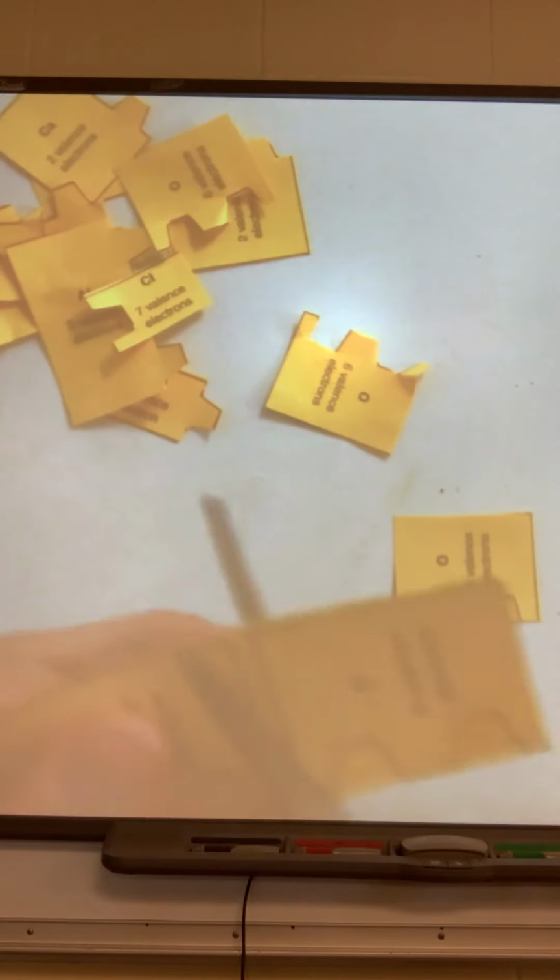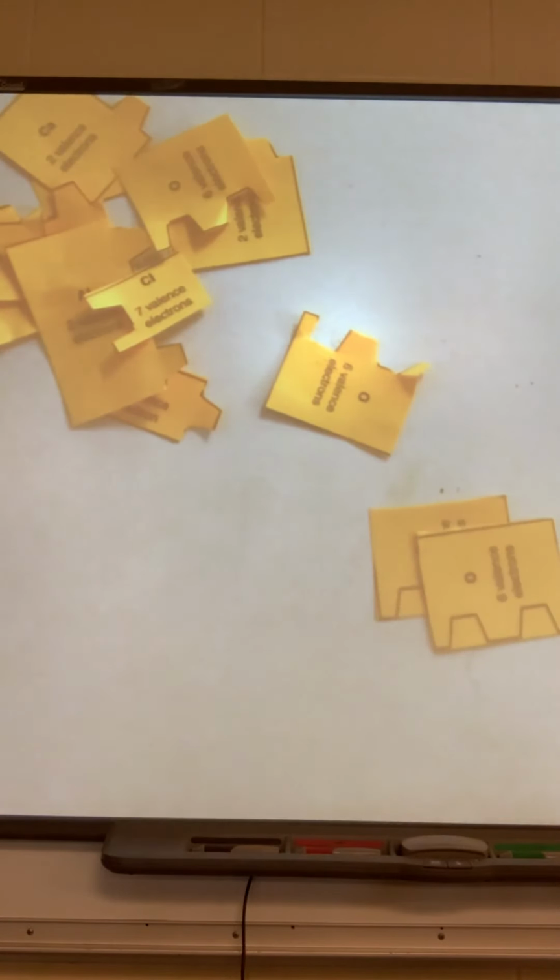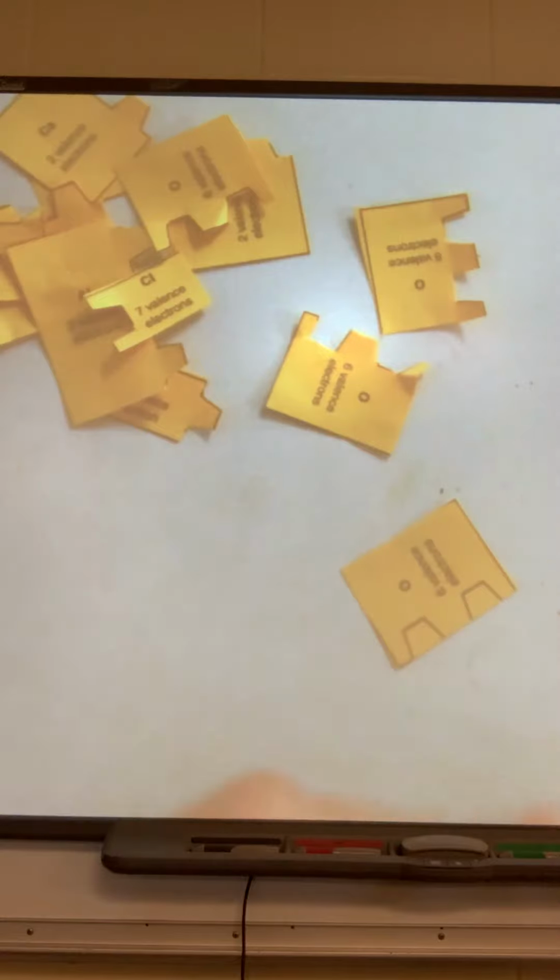From now on, you have to watch the videos, you have to do the work with it, and you have to do your spiral review, which will be a link at the end of every single one of these Edpuzzles. If you don't do the questions with the Edpuzzle, which we can track, then you don't get attendance points because you're not really doing what you're supposed to be doing for the day.